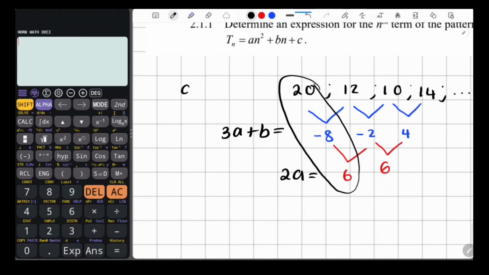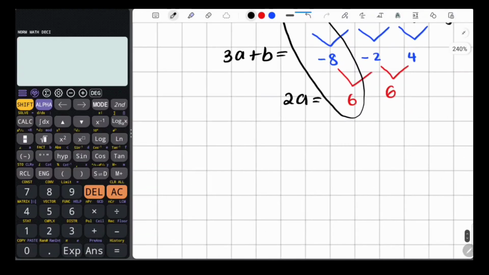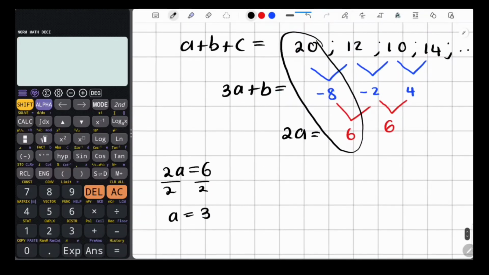And then this one, it's a plus b plus c. Okay, so if 2a is equal to 6, then just divide both sides by 2. And so a is equal to 3. Then we have to find b now. So 3a, but I know what a is, it's 3. So 3 bracket 3 plus b is equal to negative 8. And so 3 times 3 is 9. And we have b is equal to negative 8.